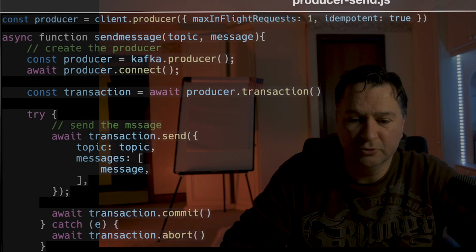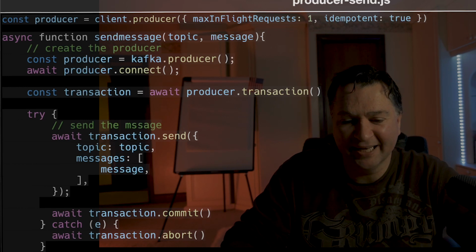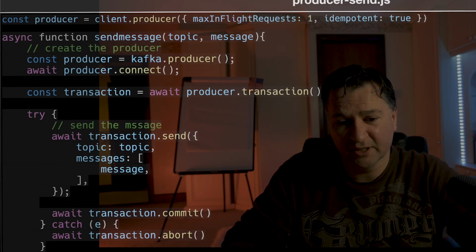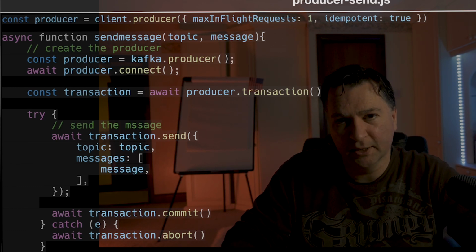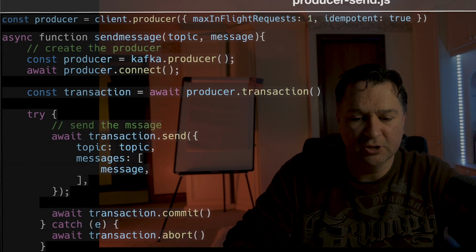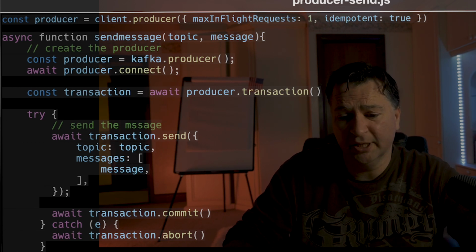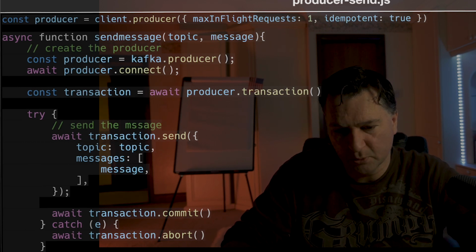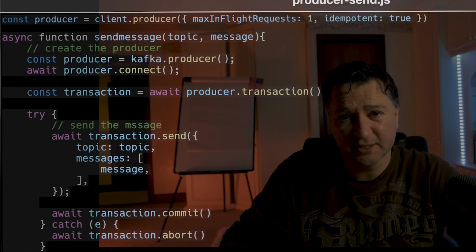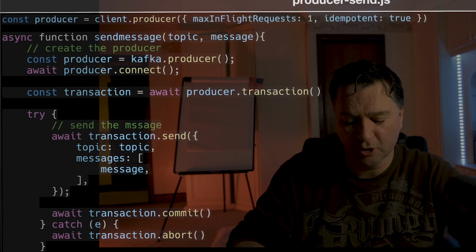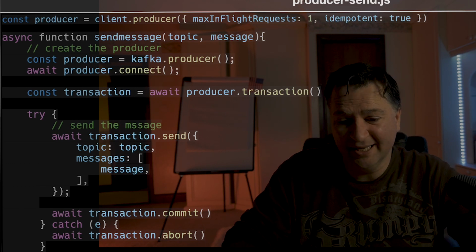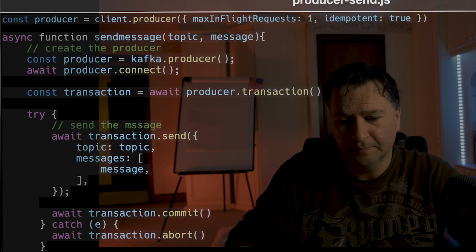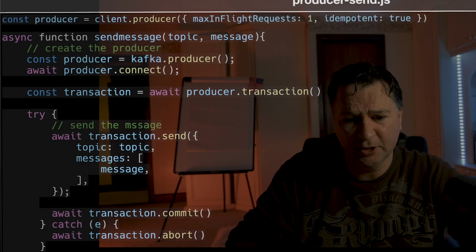You can configure Kafka so that you have exactly one message on the queue when you produce. You would set a couple of settings: the max in-flight requests setting would be set to 1, so that you've not got multiple in-flight requests going on, and you would set the idempotent flag to true, which is what enables that.